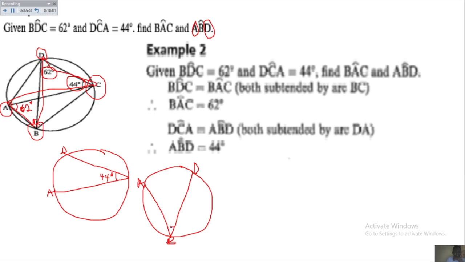Automatically, this angle and this angle will be equal. Therefore, the two angles are equal because the same leg is suspending them at the circumference. Therefore, in the exam, just watch out for the same leg. Once we get the same leg, then look at the angles they suspend at the circumference. They will be the same.